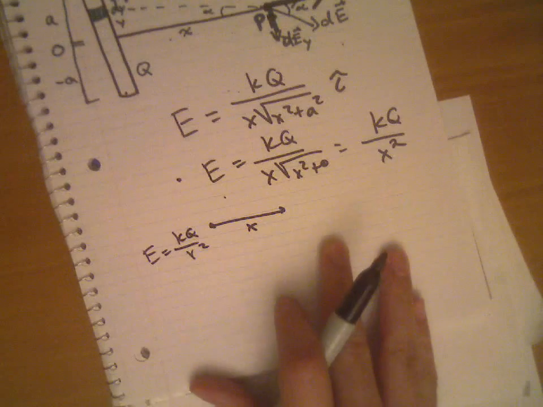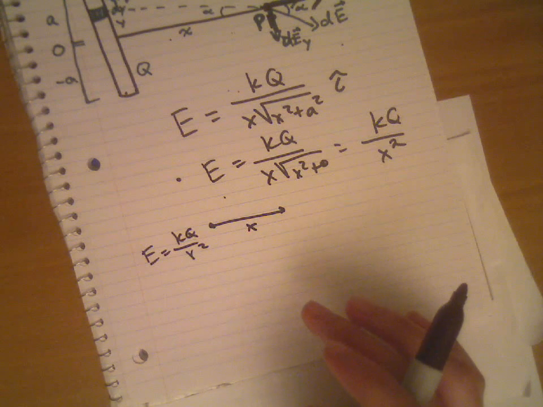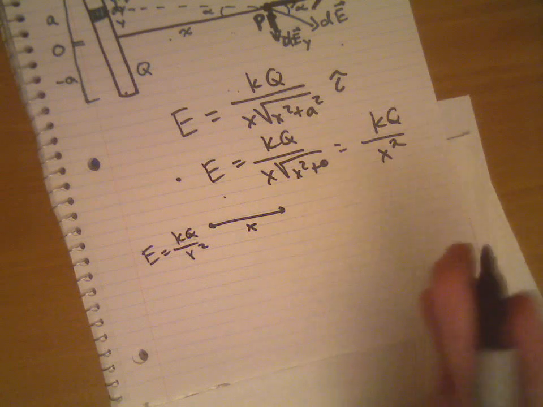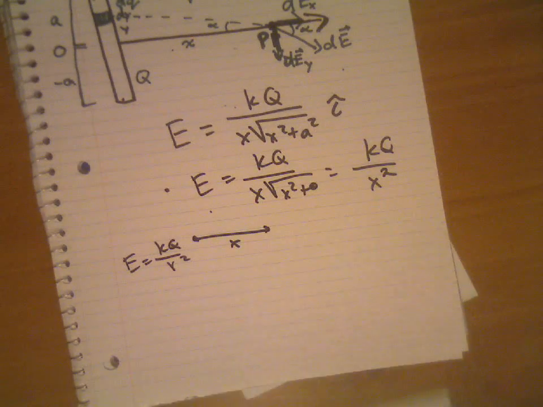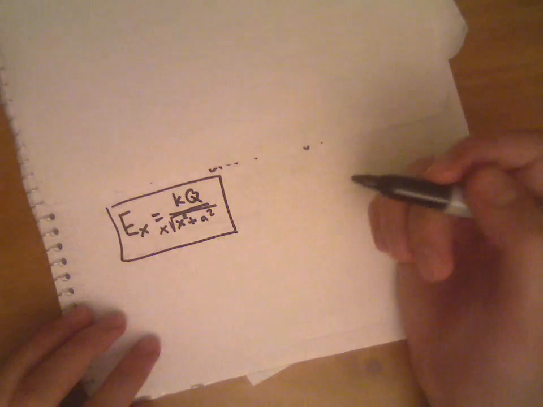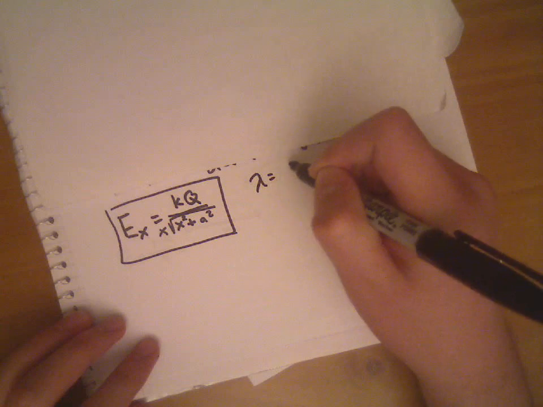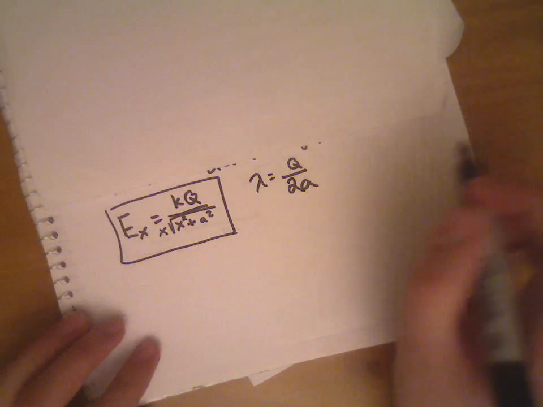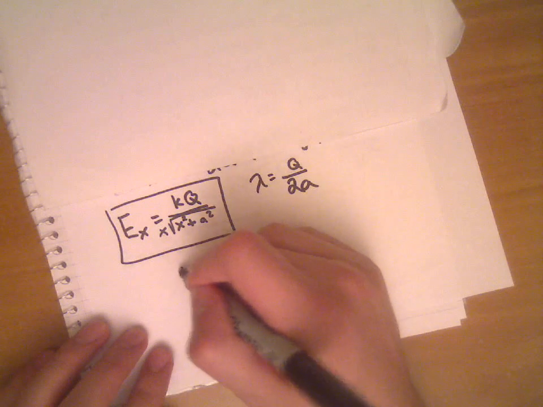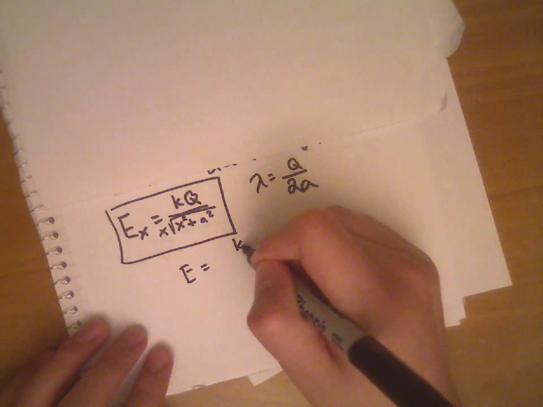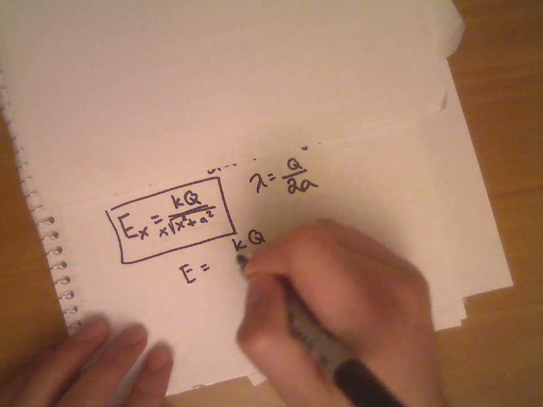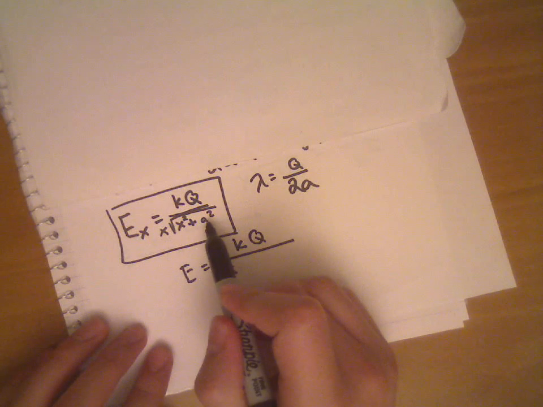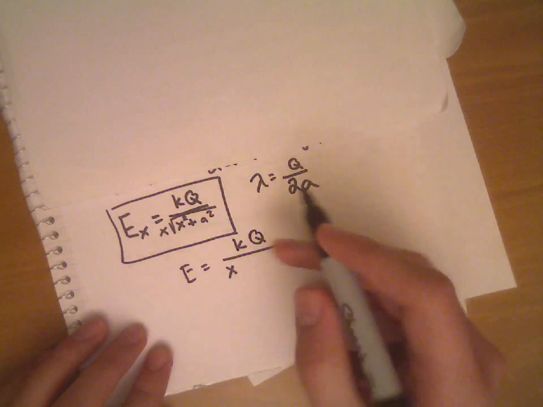Matches. Alright, the second thing we should do is actually solve in terms of linear density. If this is our equation, we know that linear density lambda is equal to q over 2a. So I'm going to rewrite this here: kq over x, and what I'm going to do here is factor out an a from here.